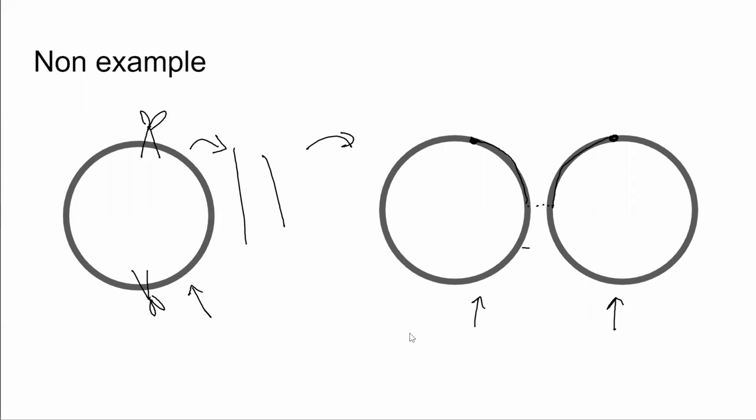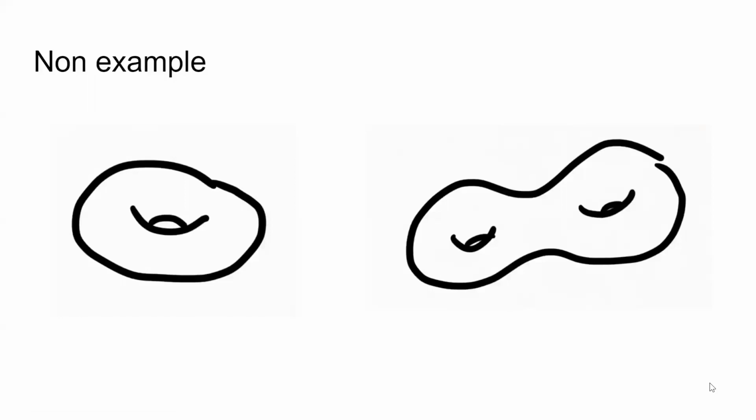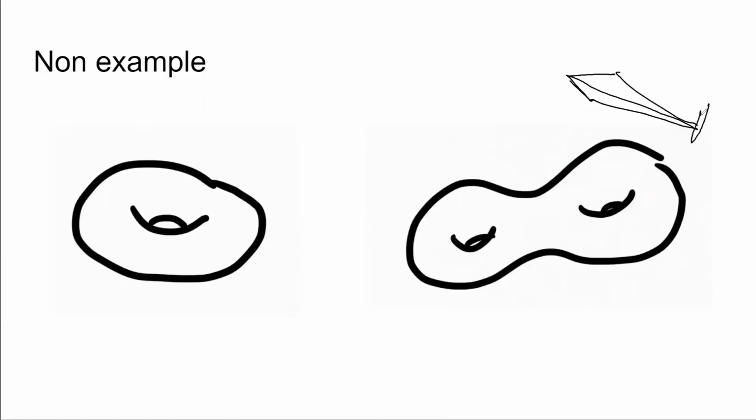All right, let's take a look at one more example. This example is a donut and a double hole donut, or maybe an inner tube for one and an inner tube for two. In order to go from one of these shapes to the other, you could imagine taking a big knife or sword and chopping this donut along this circle here.